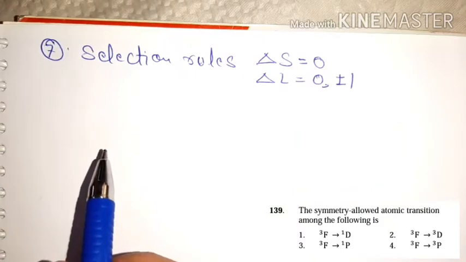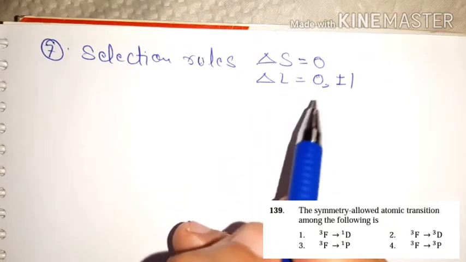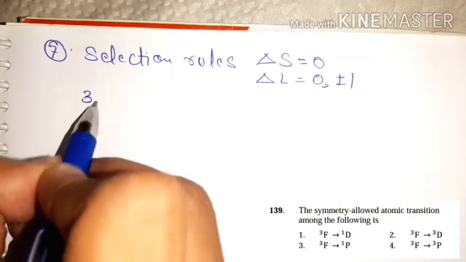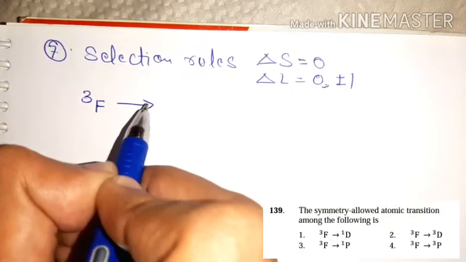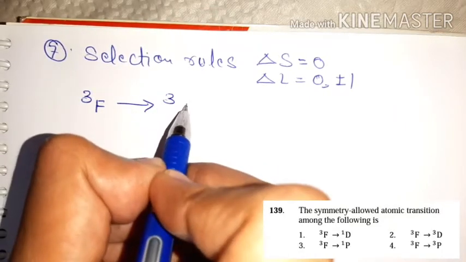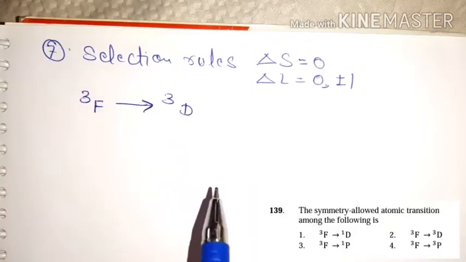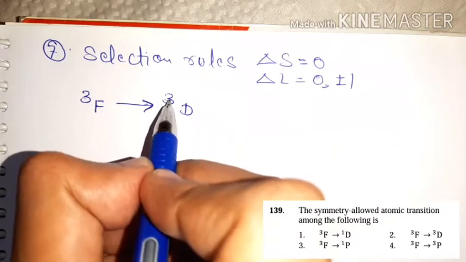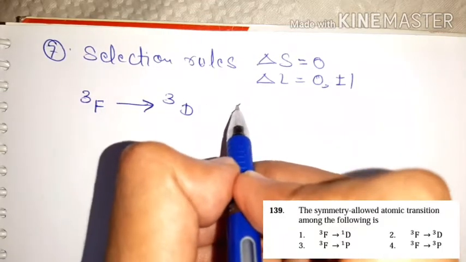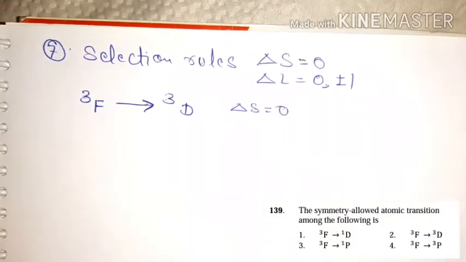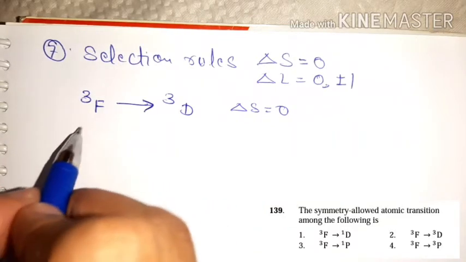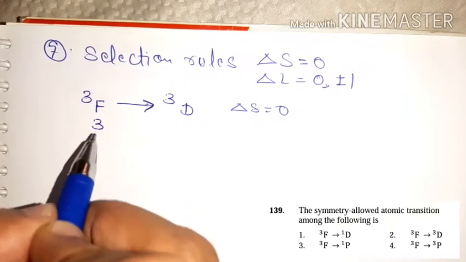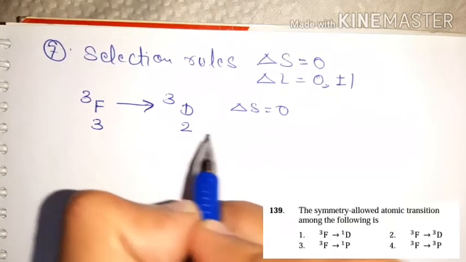Okay, so according to the selection rule, when you apply it on these 4 options, the second option has the transition between 3F to 3D. In this, the value of S for 3F is 3 and the value of S here is also 3. So in this transition delta S will be 0, and you know the L value for F is 3 and the L value for D is 2.